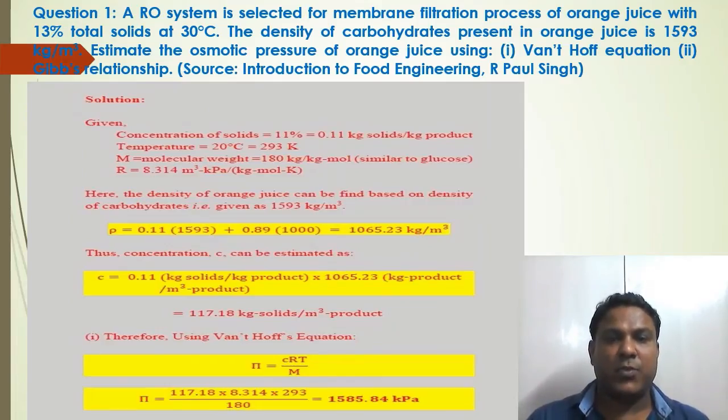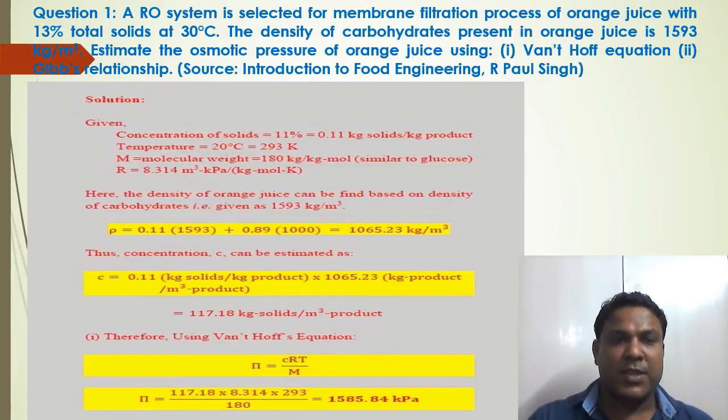Here there is a numerical problem that we are going to use for the determination of osmotic pressure for orange juice. In this problem, an RO system is selected for membrane filtration of orange juice with 13% total solids at 30 degrees Celsius.